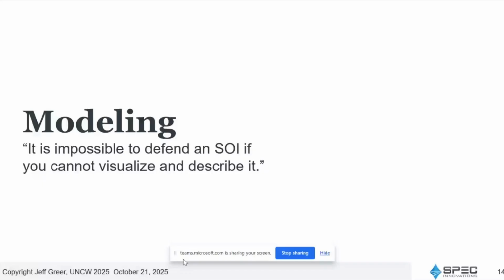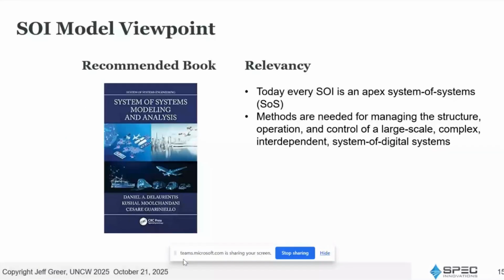For those that haven't seen this book, I highly recommend it. It's on system of systems modeling and analysis. All three authors are out of Purdue University. And its relevancy today is that every system of interest is an apex system of systems. Methods are needed for managing the structure, operation, and control of a large-scale, complex, interdependent system of digital systems.